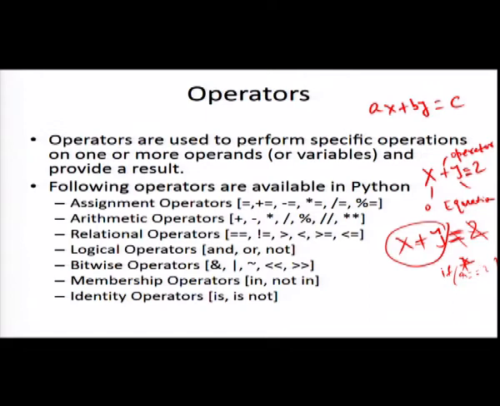In such a case you call it a relational operator, equal to, and this symbol, an exclamation mark and an equal, denotes not equal to, and then the greater than symbol, less than symbol, greater than or equal to, less than or equal to. So all these 6 different operators, equal to, not equal to, greater than, less than, greater than or equal to, less than or equal to, all these 6 operators you call relational operators.